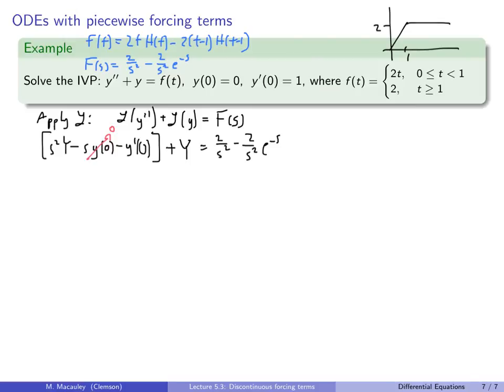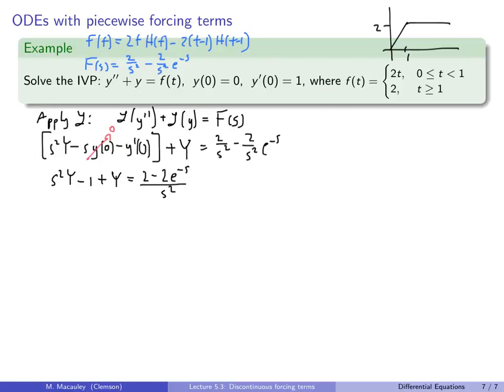So if we simplify this, we get s squared Y minus 1 plus big Y equals, and now let's combine this into a single fraction because we're going to want to solve for Y here. So this is going to be 2 minus 2e to the minus s over s squared. Let's factor out a Y in these two terms and move the 1 over to here.